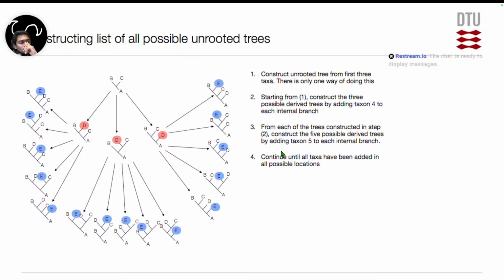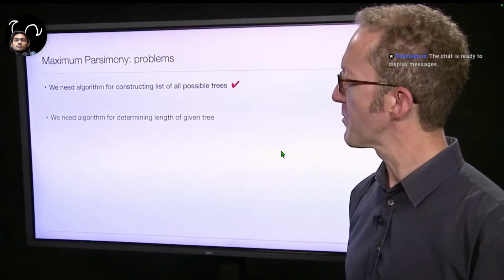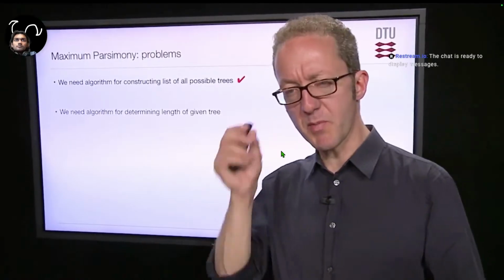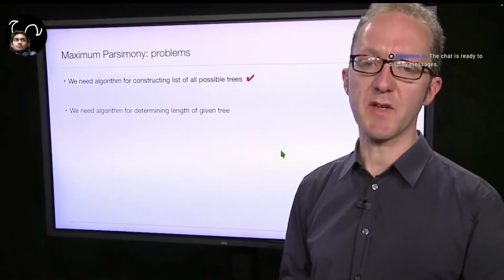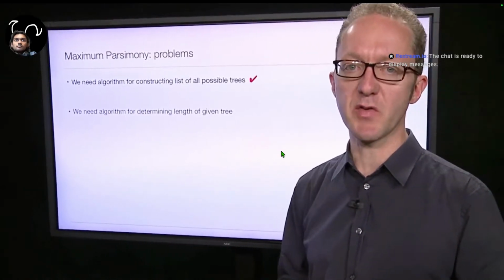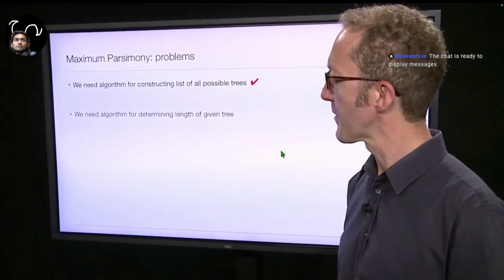So each time we have a starting tree, we can add the next species to each branch. Then on that resulting tree, we can add the next species on each branch, etc., until at some point we hit the total number of species, and at that point we will have the list of all possible trees. So subproblem number 1 solved. We actually have a simple algorithm for how to build the list of all possible tree topologies.